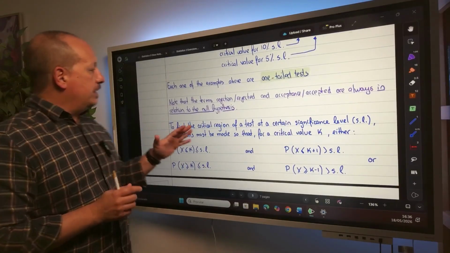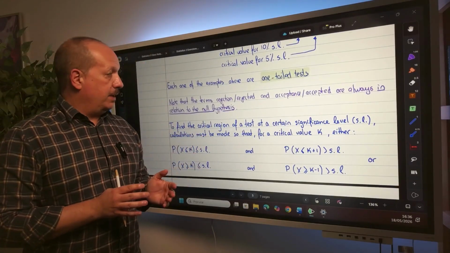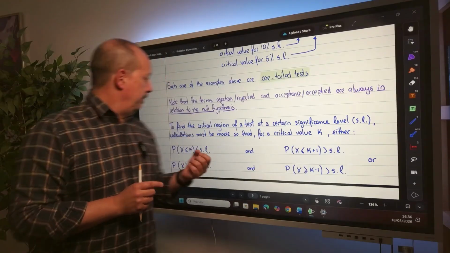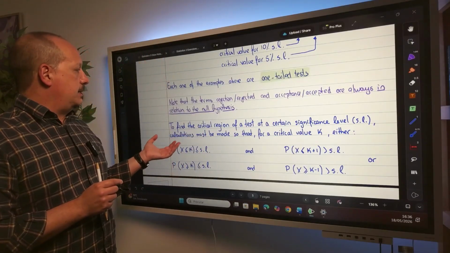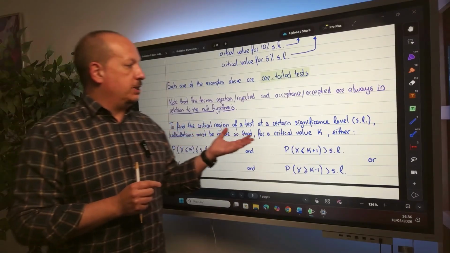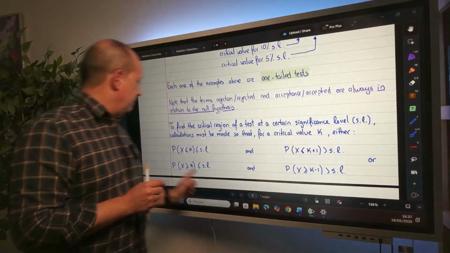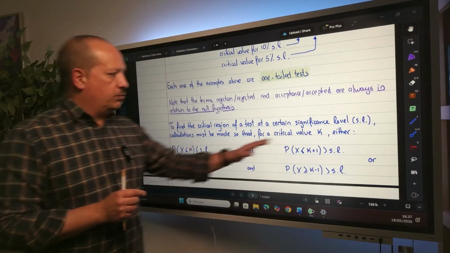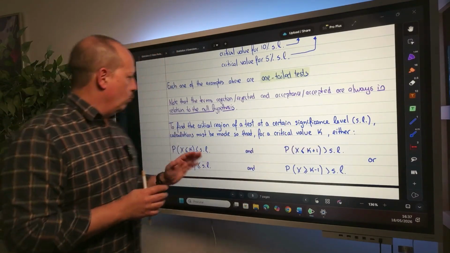To find the critical region of a test at a certain significance level, we must make calculations for a certain critical value k. I'm not going to just read, I'm going to explain what this means.